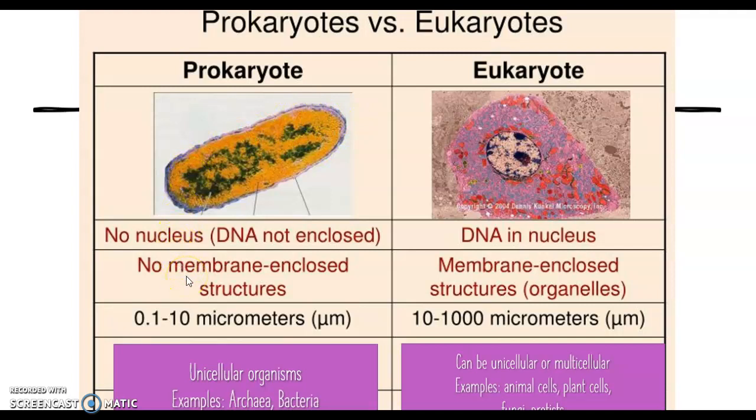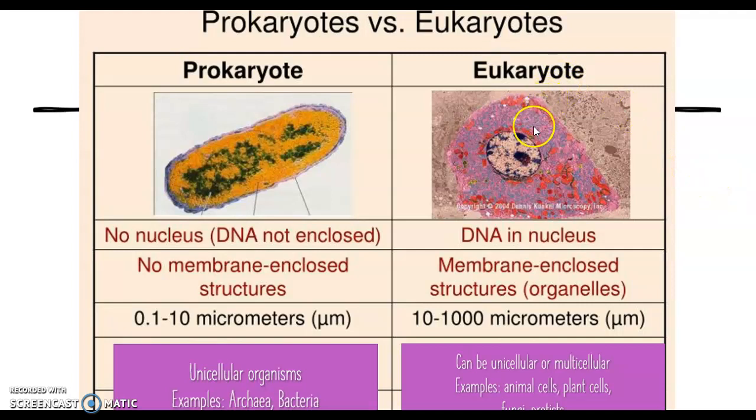There's no membranes at all. It tends to be very small, micrometers. These are like meters, okay, kilometers, centimeters. Well, these are micrometers, very small units. Okay, they can be unicellular, meaning just all by themselves, organisms like archaea and bacteria.